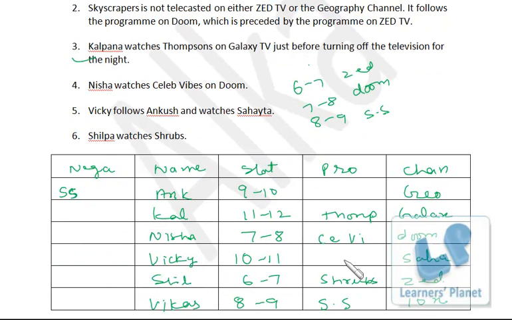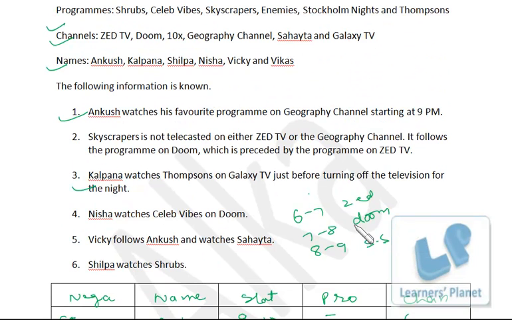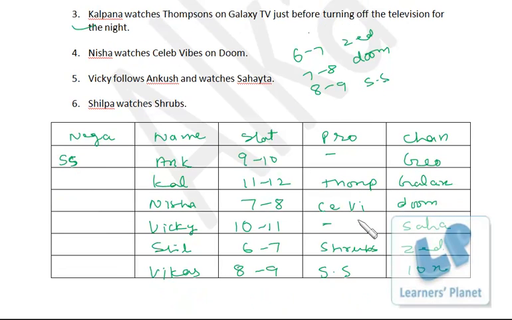Now we don't have information about these two programs. So we are left with basically Stockholm Nights and Enemies. So maybe Enemies and Stockholm Nights, or maybe Stockholm Nights and Enemies.